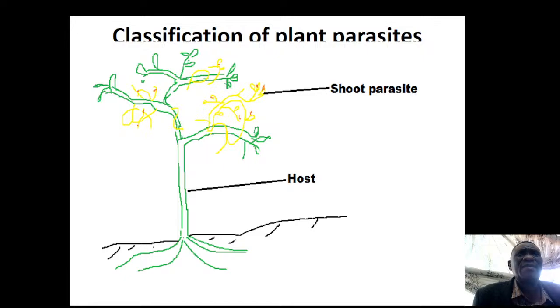Shoot parasites are attached to the shoots of the host, like the mistletoe, which attacks trees, or the Cuscuta campestris, which looks like spaghetti. It also attacks the shoot of its host.